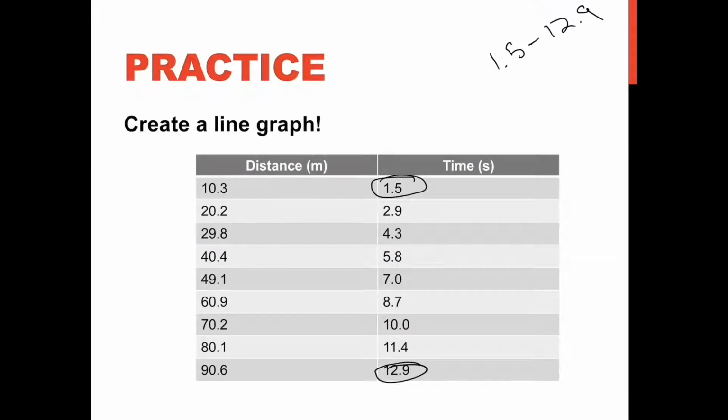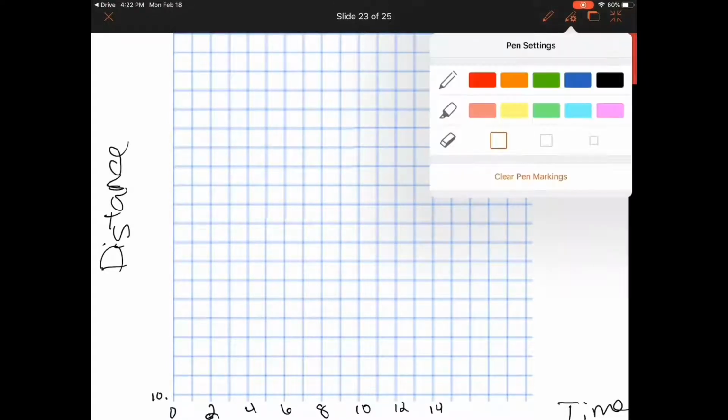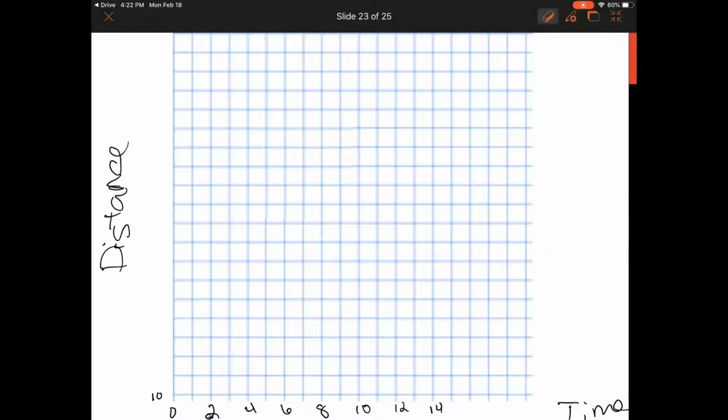But now let's look at our y. So it looks like our lowest number is 10.3 and our highest is 90.6. Let's go by fives. Let's try that. Starting off at 10.3, or starting off at 10, let's jump by fives.